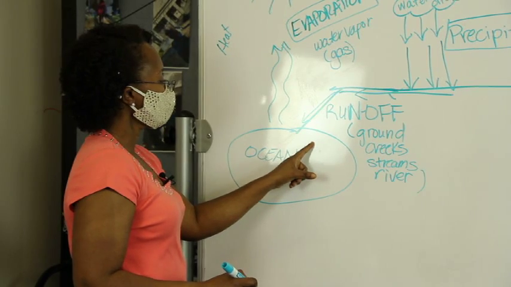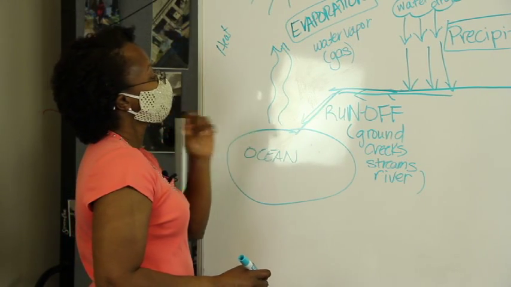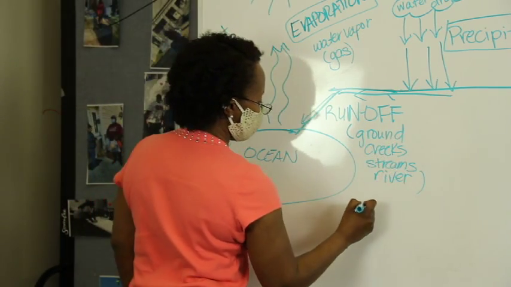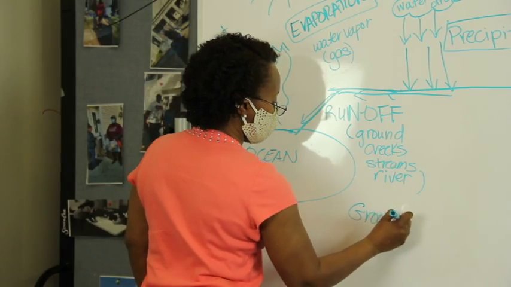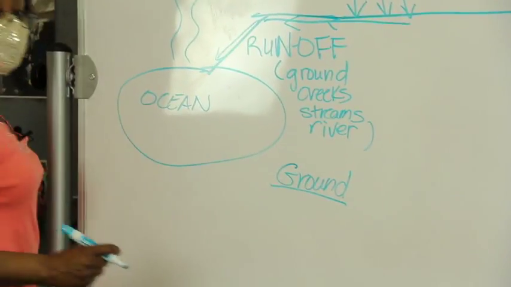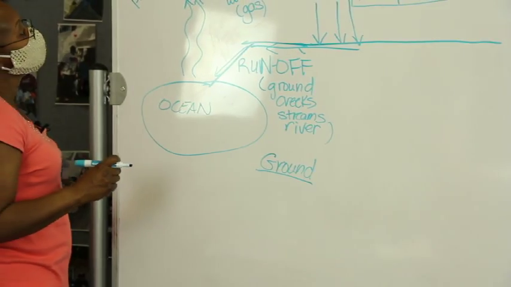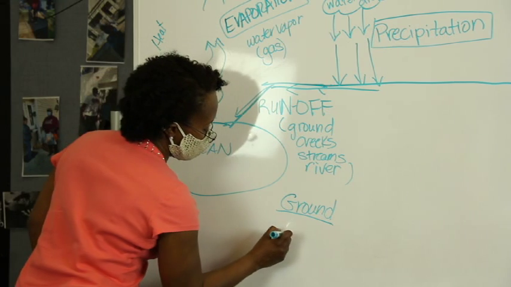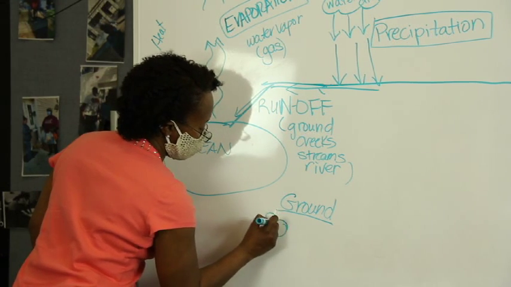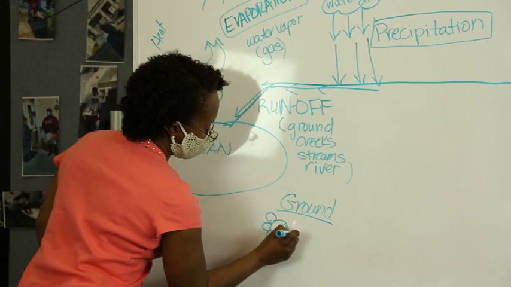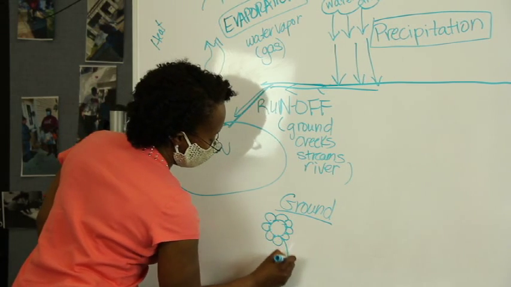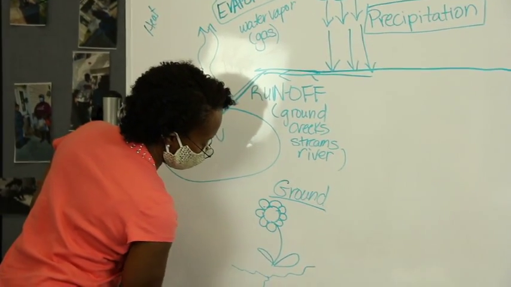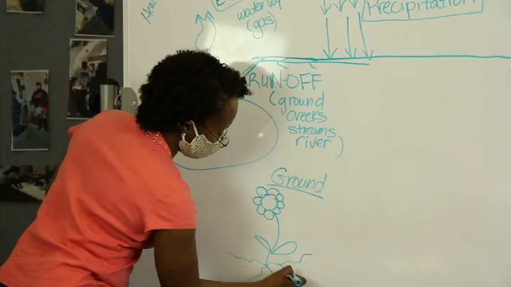Now, once it does that, if it goes to the ground, there's another way that you can have evaporation, but it's not called evaporation necessarily. In plants, let's see if I can make a flower here. Plants that are underground have roots. So they have a root that's down here.